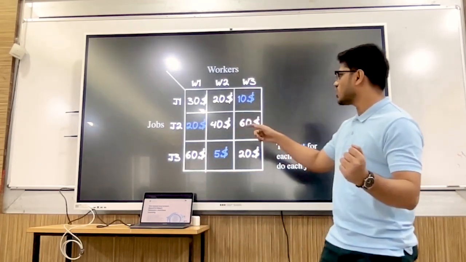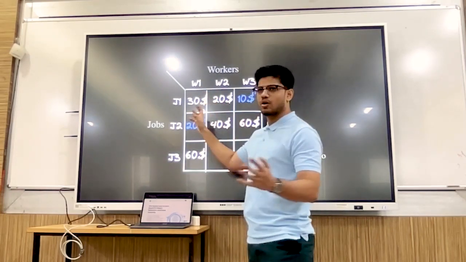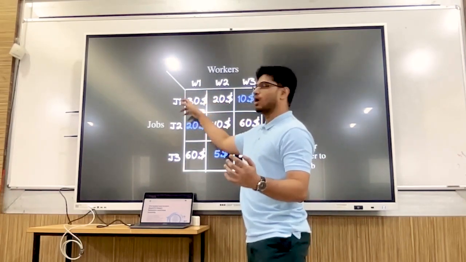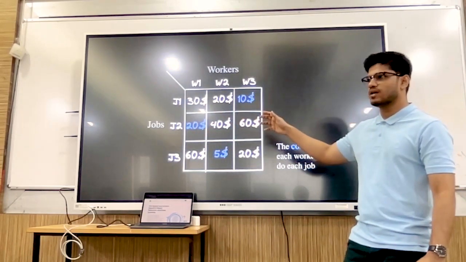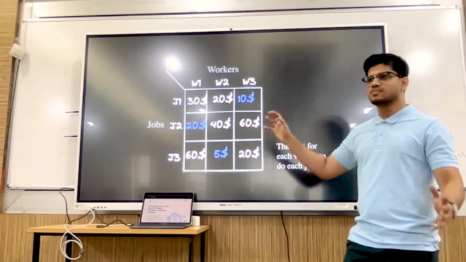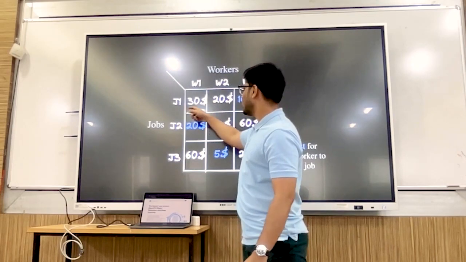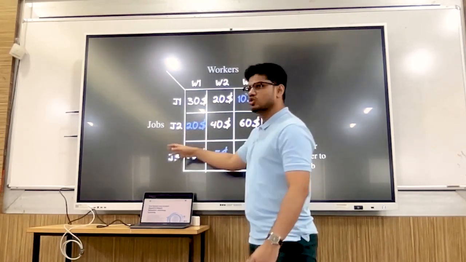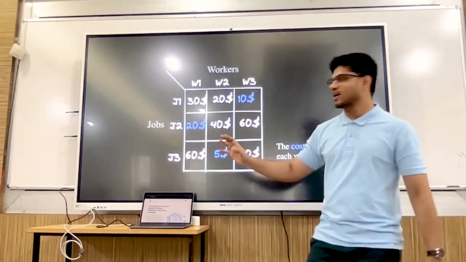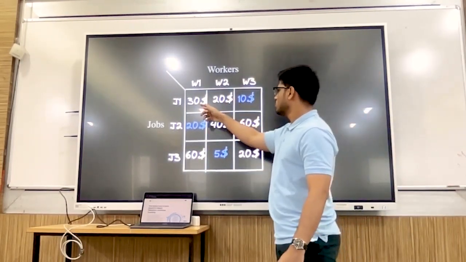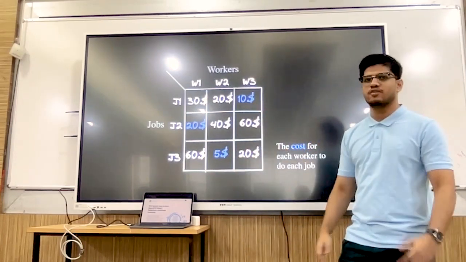So worker one has a certain amount that they will bill to do job one. Is this diagram making sense? Cool. So worker one needs $30 to do job one, $20 to do job two. Job three must be something really difficult, $60 to do that. Worker two has a similar tariff rate, and worker three again has a similar tariff rate.